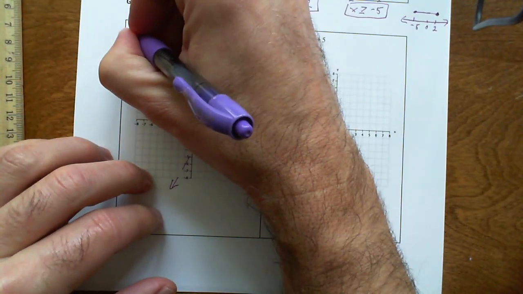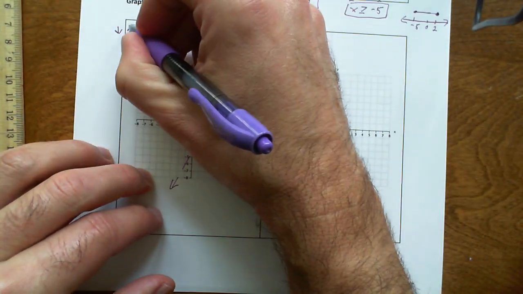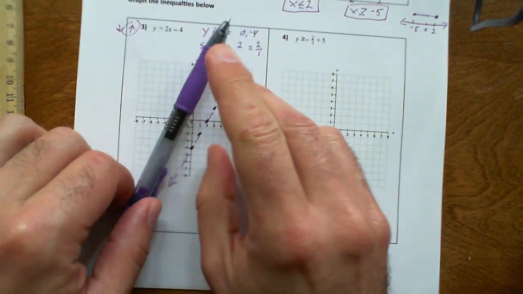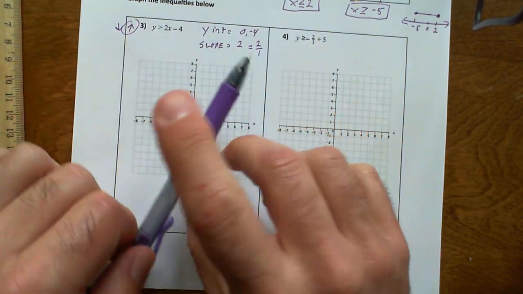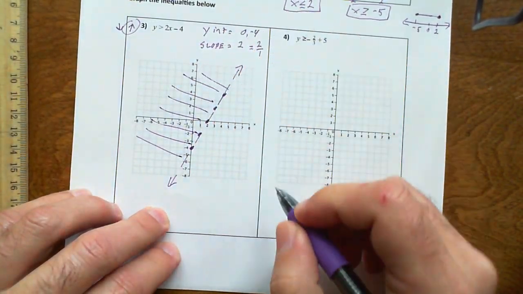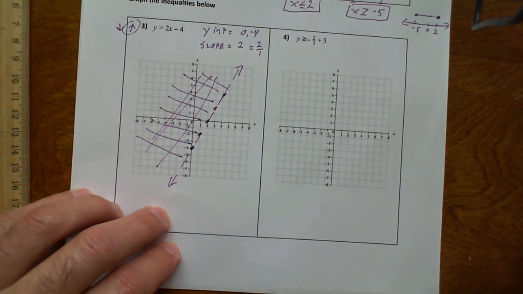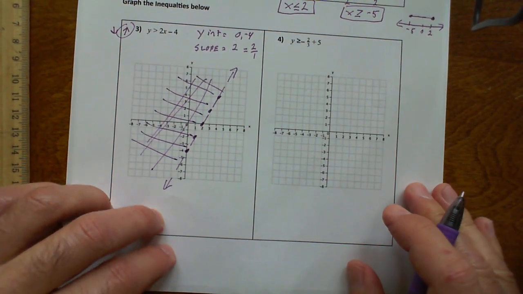Remember, is greater than shading up, or is less than shading down. Be shading above the line. Above the line is going to be in this direction, and so we shade it like that. All right. Next, number 4.